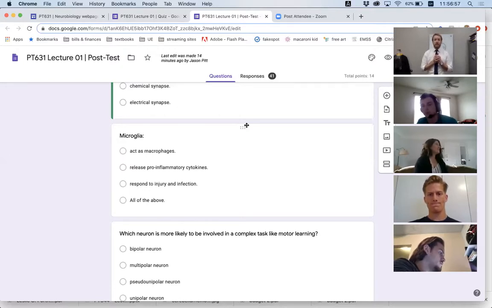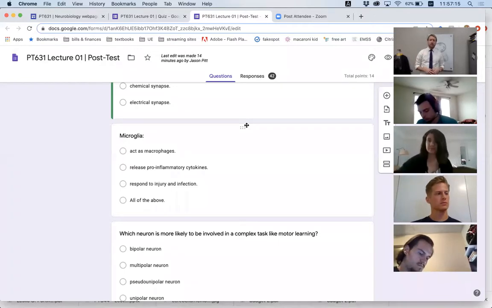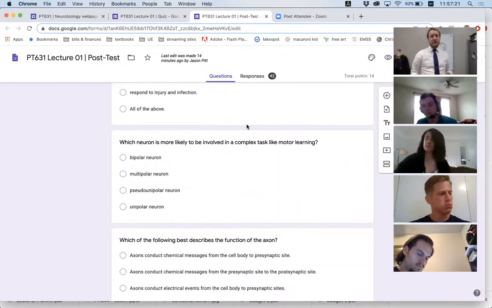Yes, they are. I think that was lecture 2 last semester. Revisit that one. It's a good one. Do they respond to injury and infection? Absolutely. So even if you didn't remember pro-inflammatory cytokines, you should remember macrophage, respond to injury and infection. It's got to be all of the above. Microglia are going to do all of that, and more, but we'll forget about the more.